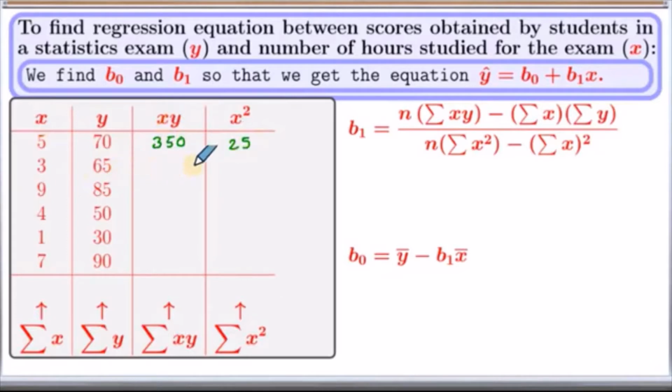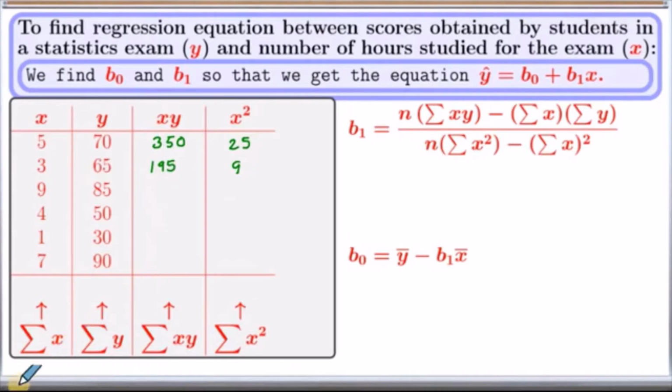So xy for this row is 3 times 65, which is 195, and x squared for this row here is 9. And for this one here, xy is 9 times 85, and here it will be 9 squared, which is 81.